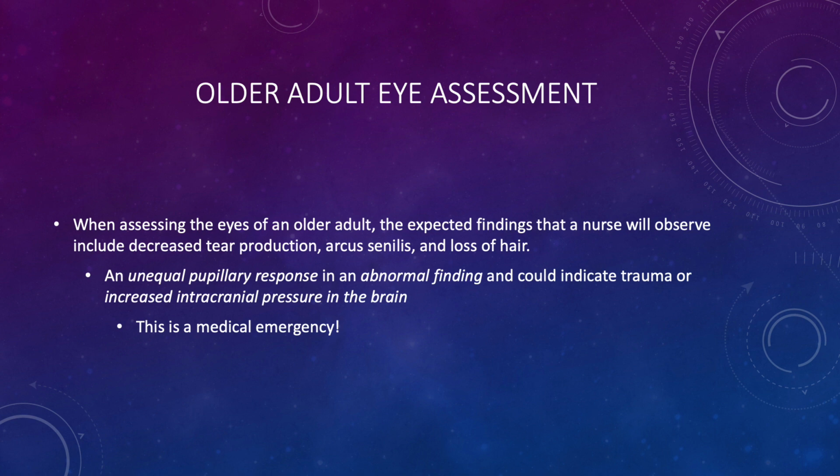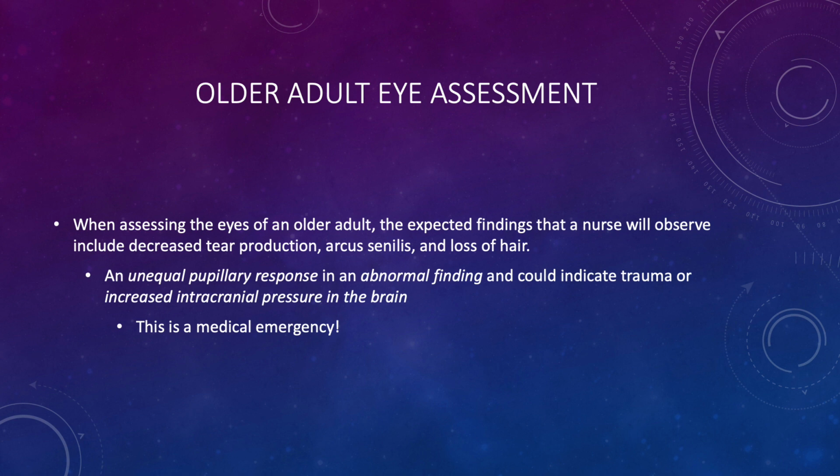So what we classically see is one eye is like 2 millimeters and the other eye is like 6 millimeters. And that is a problem. That is showing that there is a midline shift in the brain. And which way we are shifting specifically is going to determine, do they have the ability to swallow? Are they cranky and confused, right? It just depends on what side we slide.